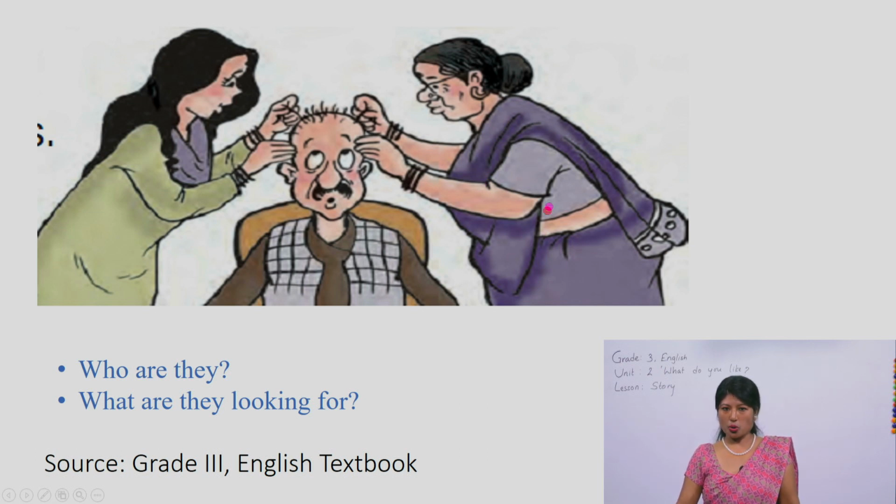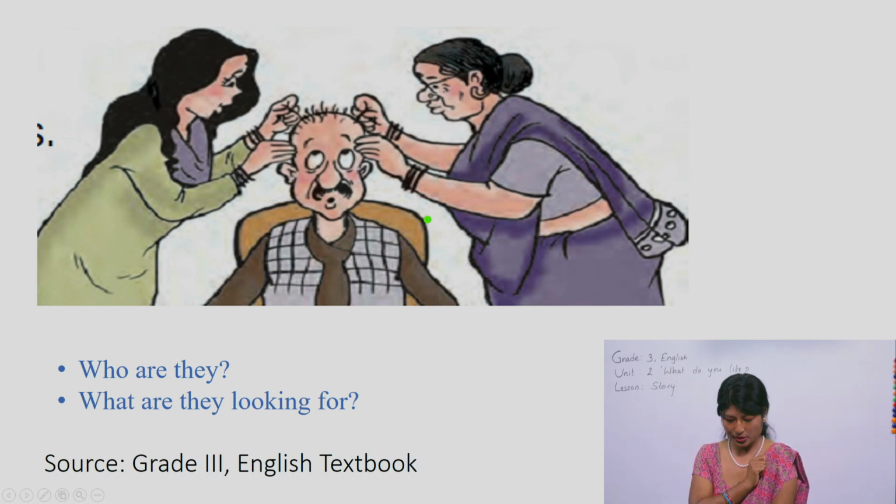One was old, you can see wearing a sari, spectacles in the eye, and then there is another lady in kurta, having long black hair. So they are husband and wife, right? One husband, two wives. And then what they are looking for, let's find out now.